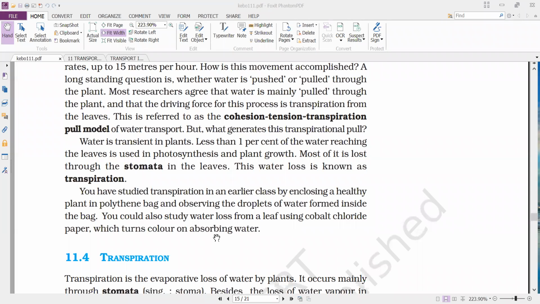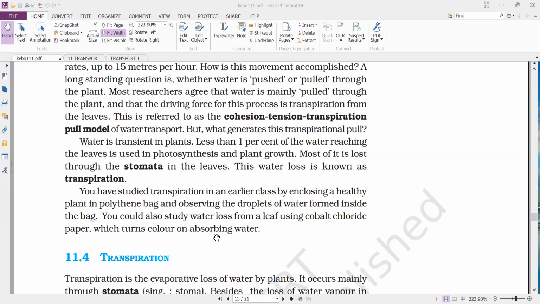If you want to know whether transpiration is taking place or not, you take a potted plant which is well watered, and then cover the whole plant with a polythene bag in the sun. After some time, you can observe the collection of water droplets on the inner side of the polythene bag.